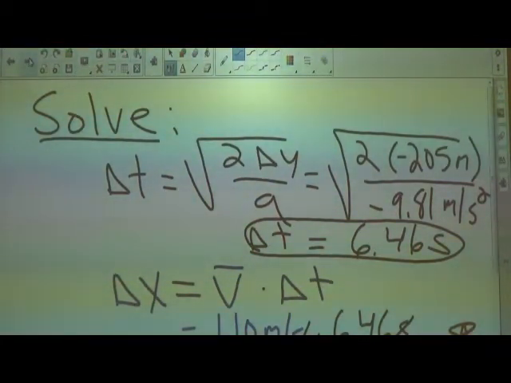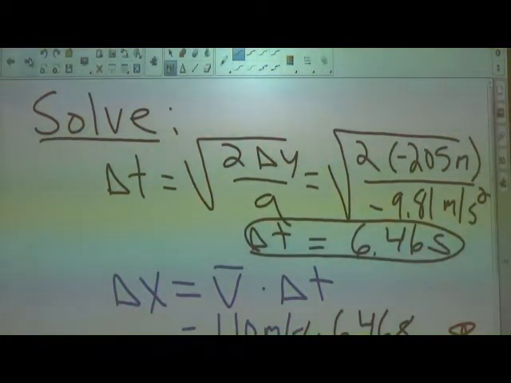So once you have time, then you can go back to this original formula. Displacement is the average velocity times the change in time. So plug it in. 1.1 meters per second is the horizontal velocity when the bag was dropped, times the time you just calculated from the vertical component. You can use it now for the horizontal, which is the change in x.